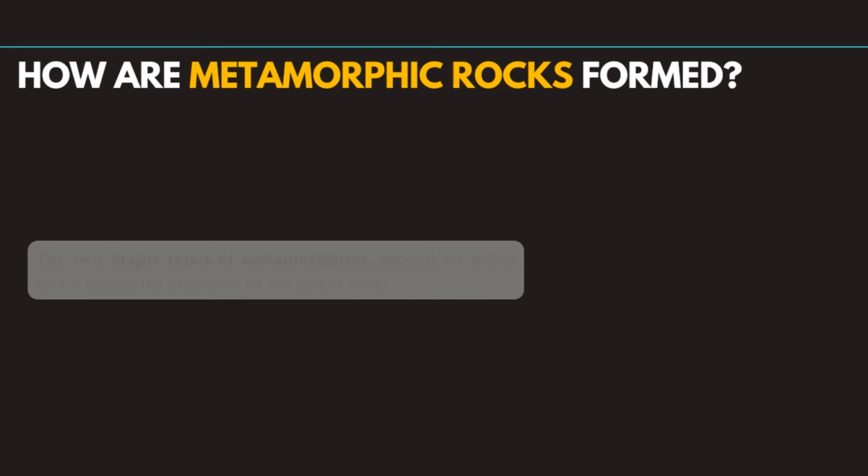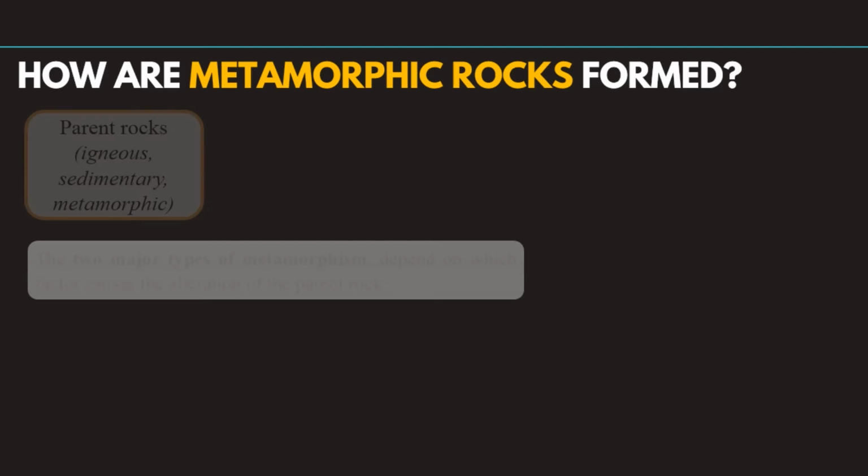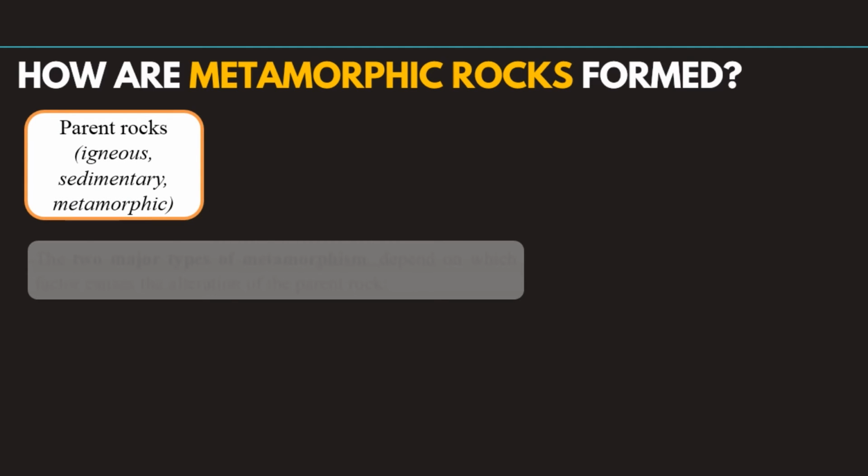How are metamorphic rocks formed? Unlike the sedimentary rocks and igneous rocks, metamorphic rocks may form from any pre-existing or parent rocks, which can be an igneous rock, a sedimentary rock, or even a metamorphic rock.